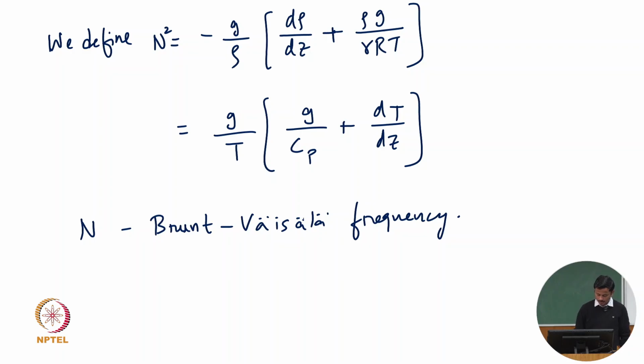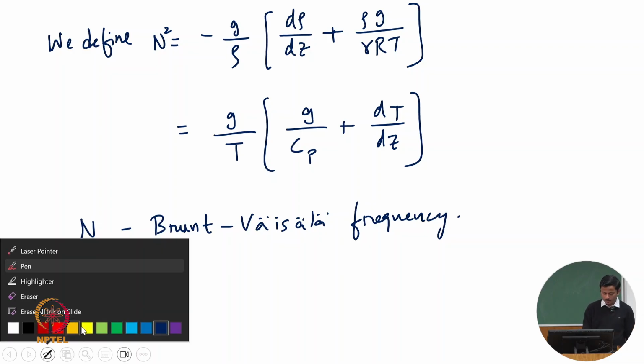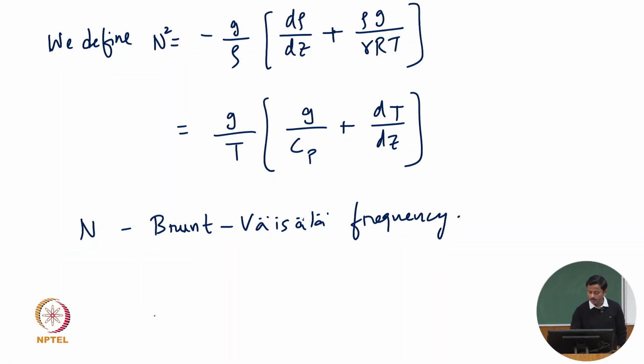The oscillation frequency is dependent on the deviation of the actual temperature gradient from the dry adiabatic lapse rate. So this is the actual temperature gradient and this is the dry adiabatic lapse rate. So the oscillation frequency of a parcel of fluid in this compressible medium is dependent on how much on top of the adiabatic lapse rate the temperature is varying.